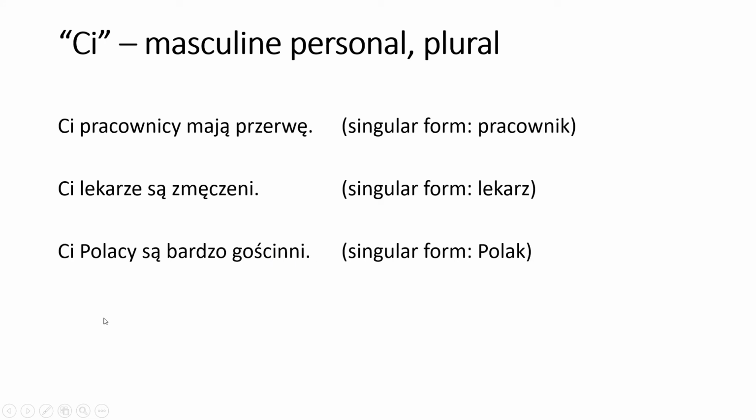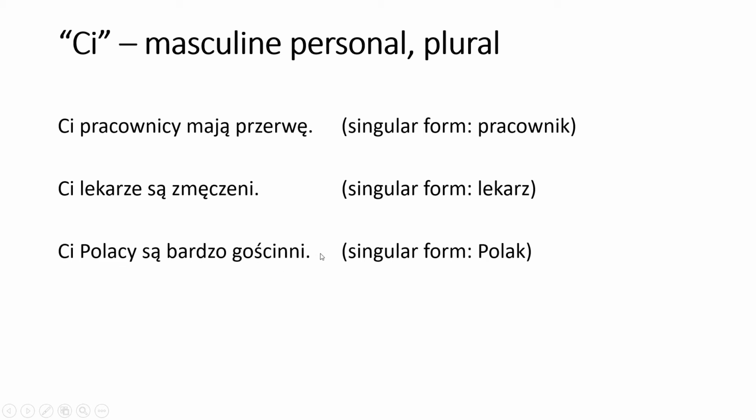Polak, Polacy. The same as pracownik, pracownicy. Do not take it as a rule, but in most of the cases it's like that. Ci Polacy są bardzo gościnni. These Poles or Polish people are so hospitable.